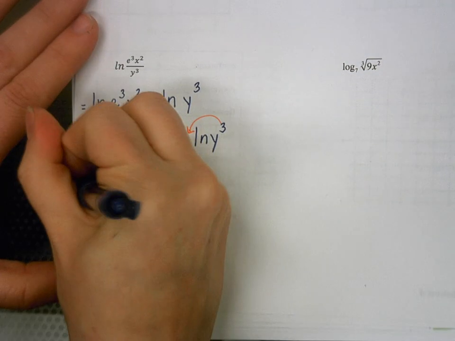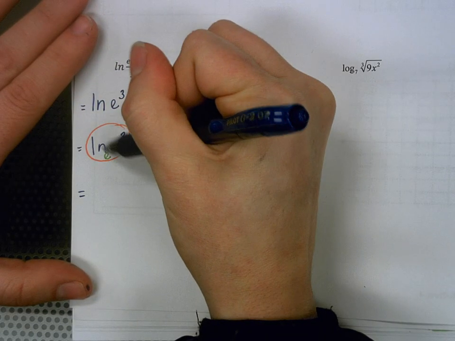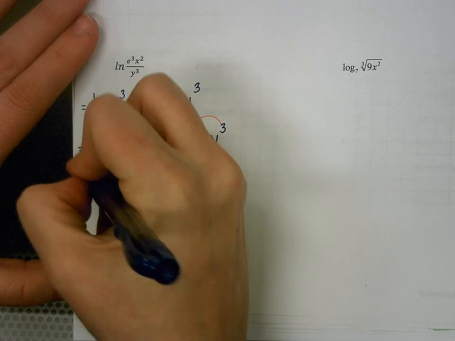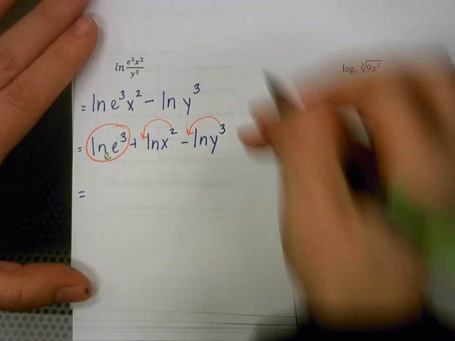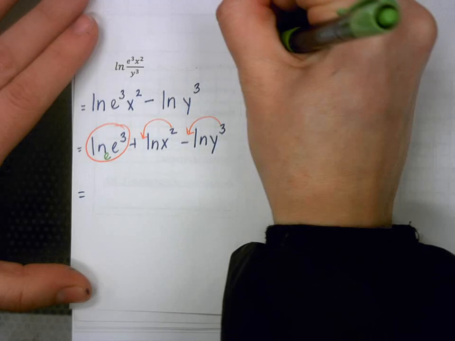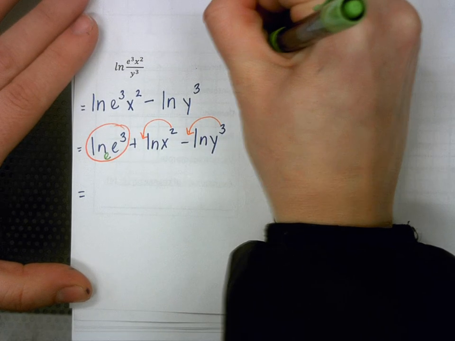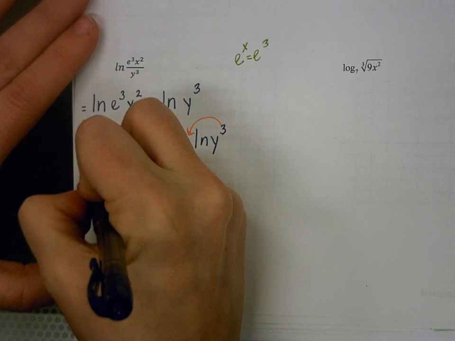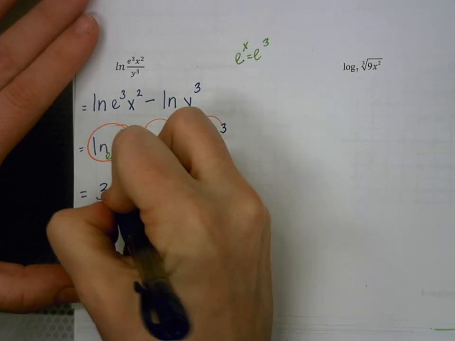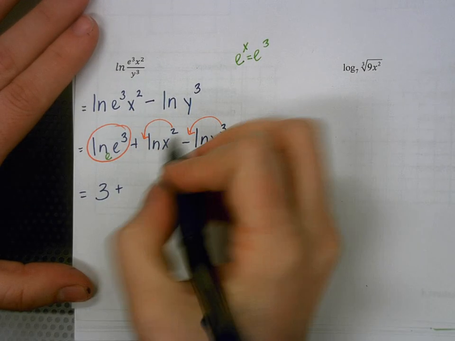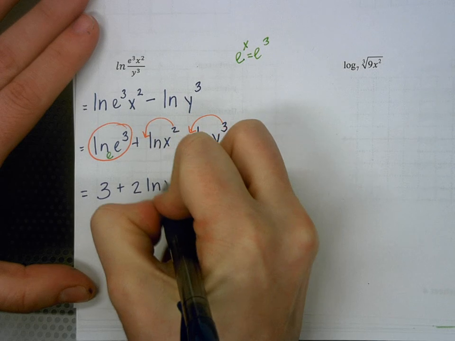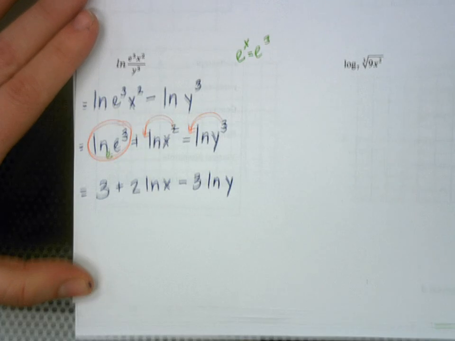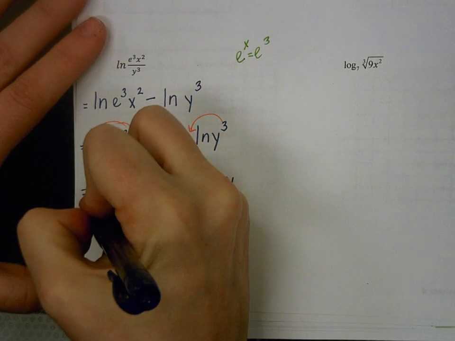So this part says e to what power gives you e to the third? And we can write that on the side if you need help. E to what power gives you e to the third? 3. E to the third power. And then moving our exponents out to the front, we get 2 ln x minus 3 ln y. Completely expanded.